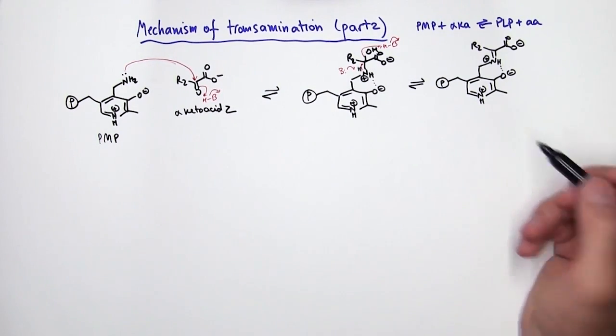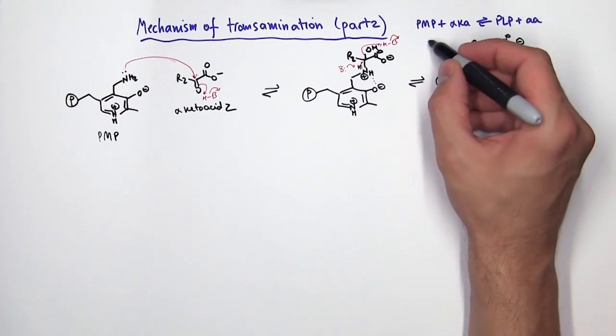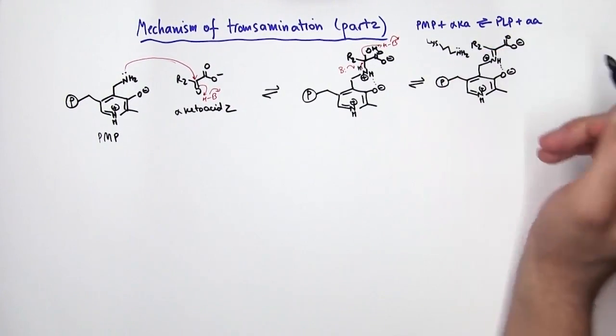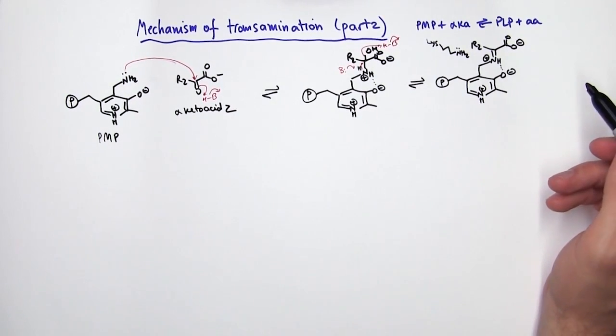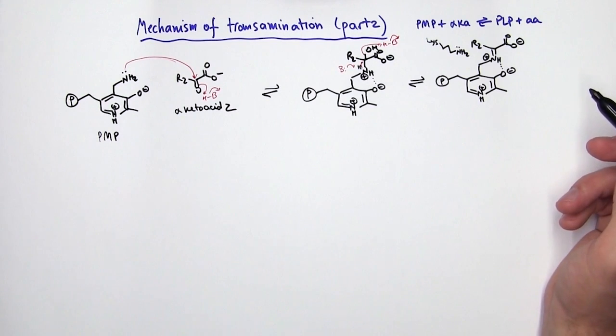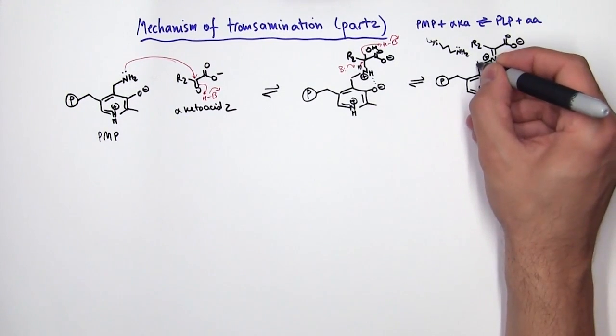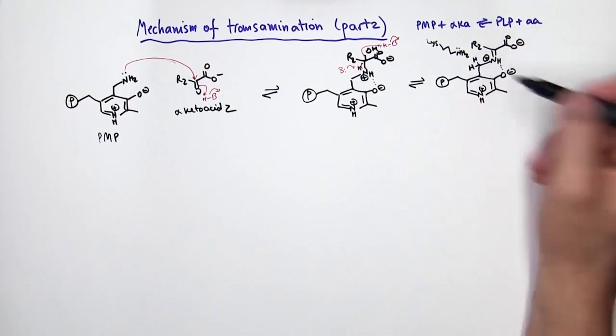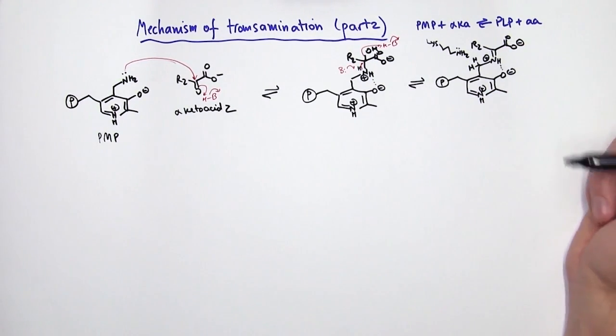Now, as you remember, there's an active site lysine, which can act as a general base. And it's going to deprotonate one of these two protons on the pyridoxal ring.